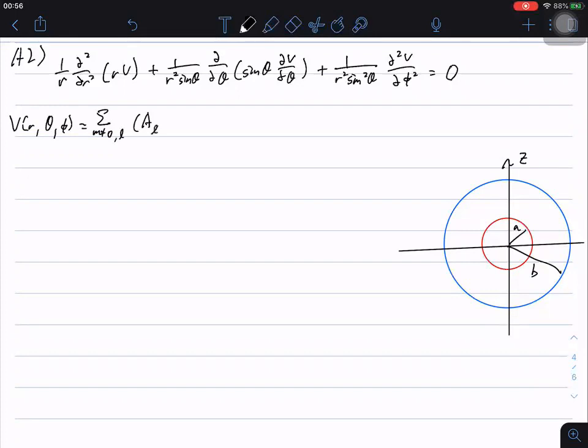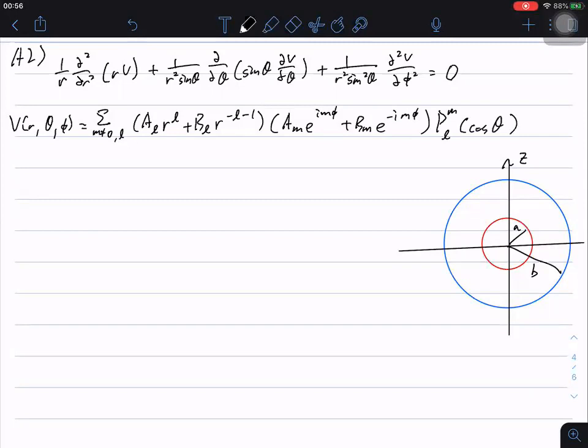For the R dependence, it is a power series, a polynomial of R, and also sine and cosine of m phi, and for the theta part it is the associated Legendre polynomial P, L, M.